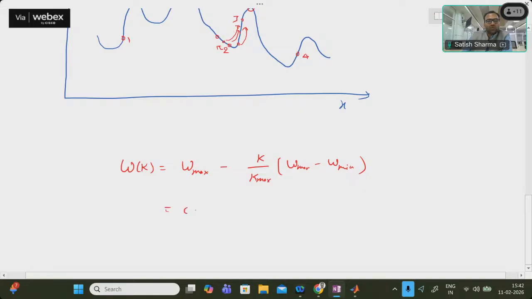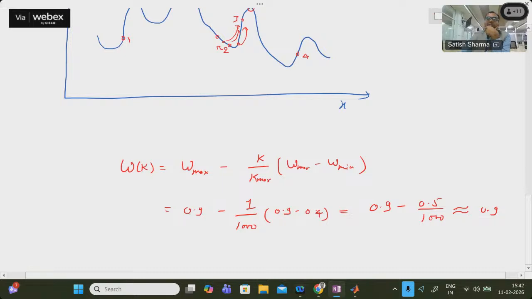Let's say omega max is 0.9 and omega min is 0.4, and this is the first iteration out of 1000. The difference is 0.5 divided by 1000, so the initial omega is roughly around 0.9 itself.